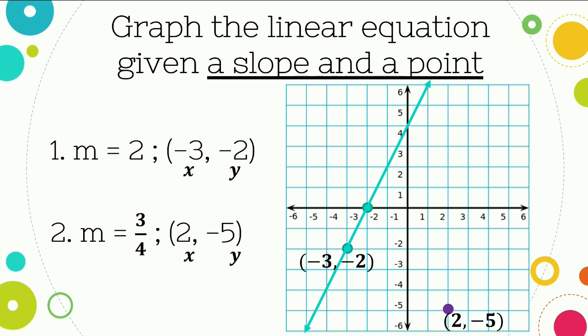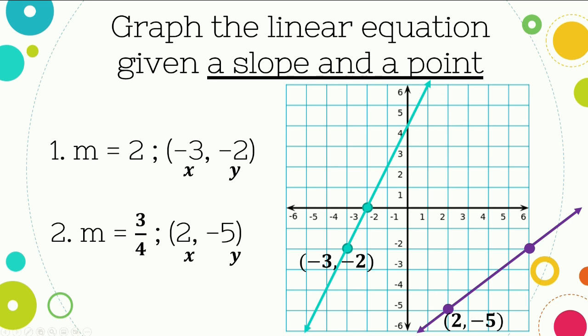Magra-rise tayo ng 3 beses. And then, magra-run tayo ng 4 times. So, nandun na yung second point. So, connect the 2 points. So, that will be our second graph.